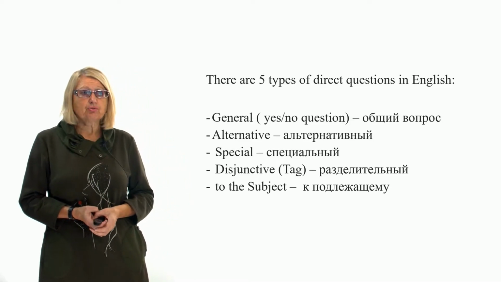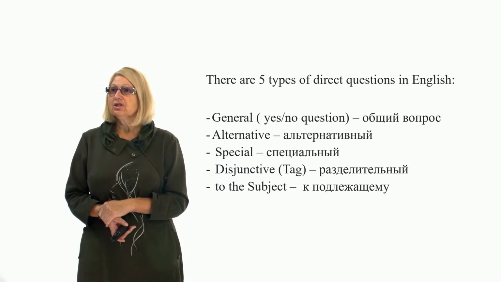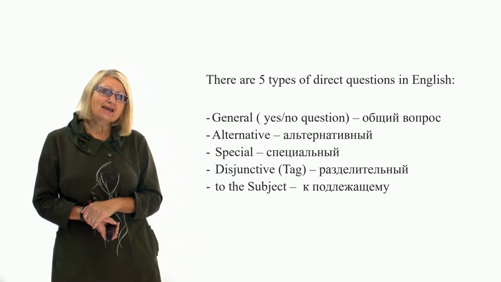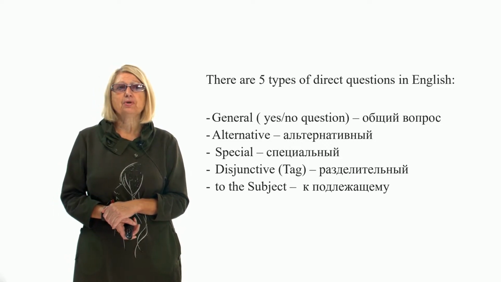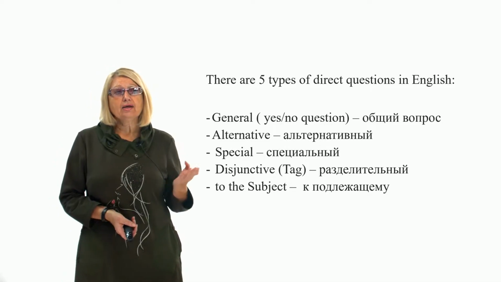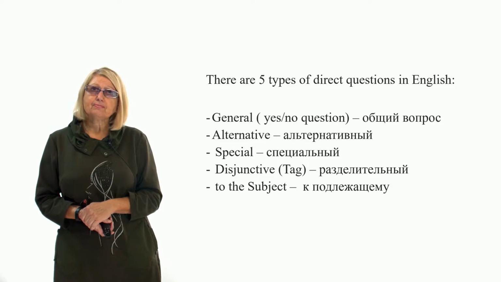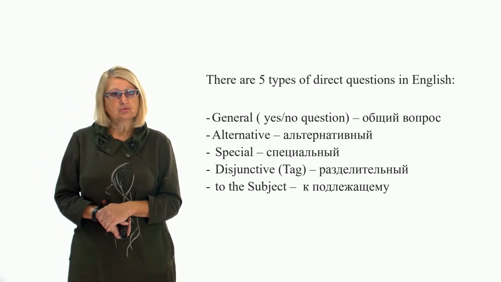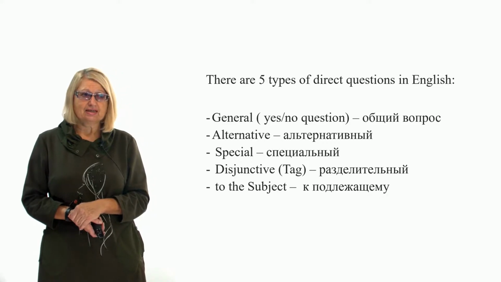The next type of question is special. A special question is put to the secondary parts of the sentence, второстепенные члены предложения. Why is it named special? Because there are interrogative pronouns which are put at the beginning of the sentence.